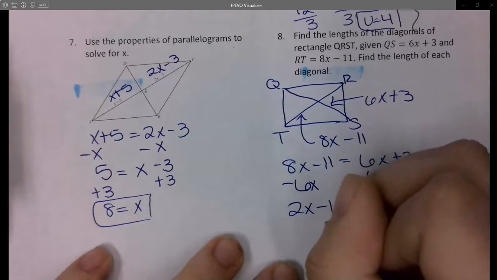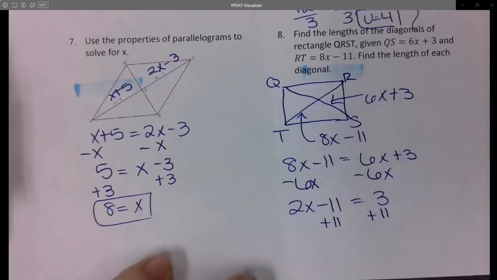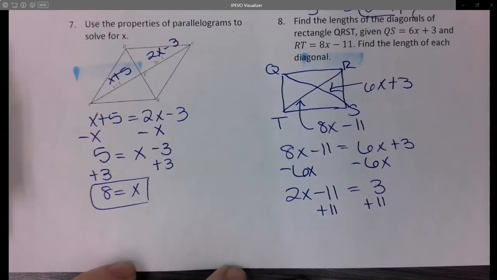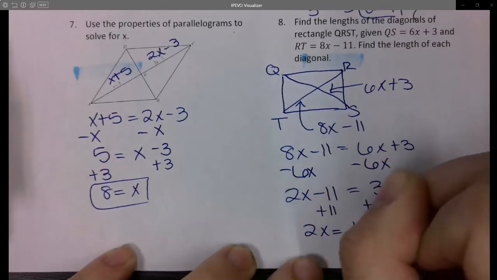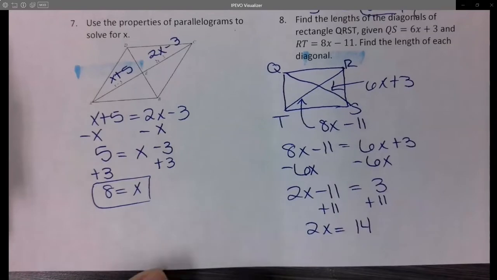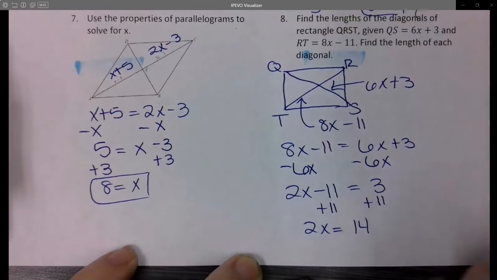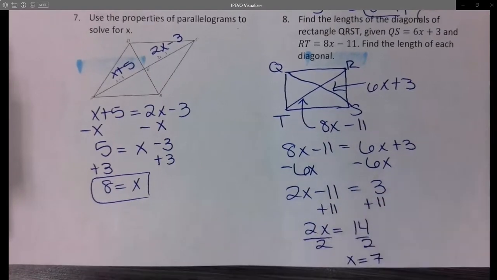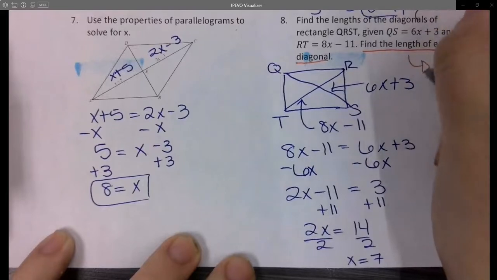Then I want to get all of my numbers over to the same side, so I want to go ahead and add 11 to both sides. Which will get me 2x equals 14. Divide both sides by 2. I get x equals 7, but if I look back at my original question, it says find the length of each diagonal. This means plug back in x.